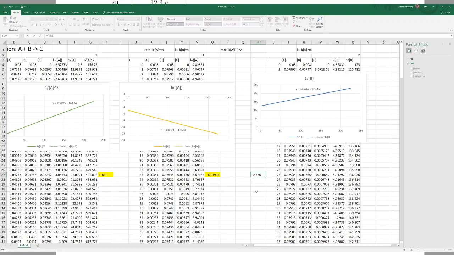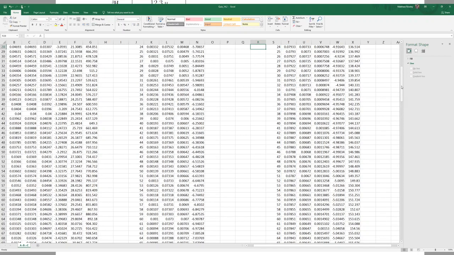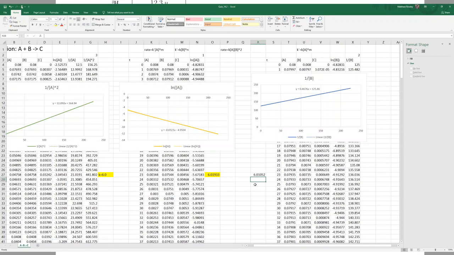That's the value of K prime. And we'll divide it by the average value of A over the course of this reaction. And we get 6.01.